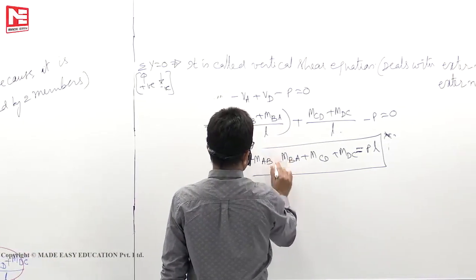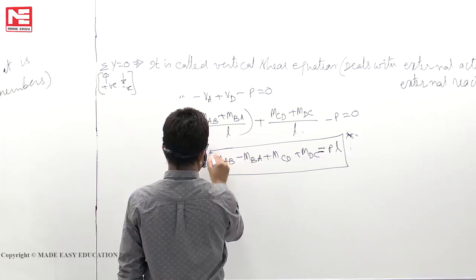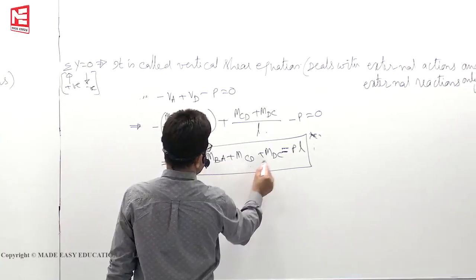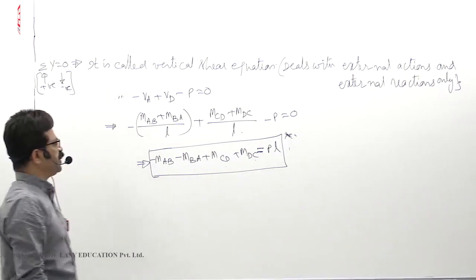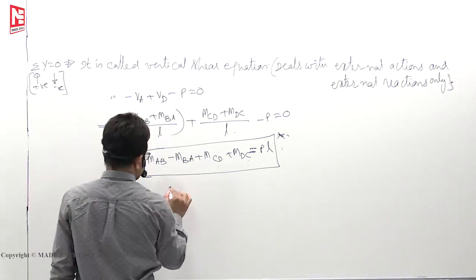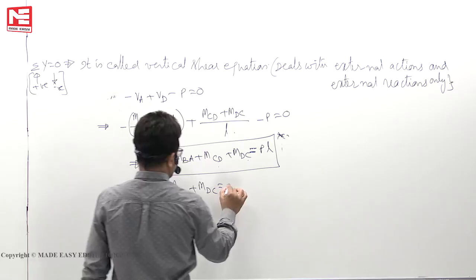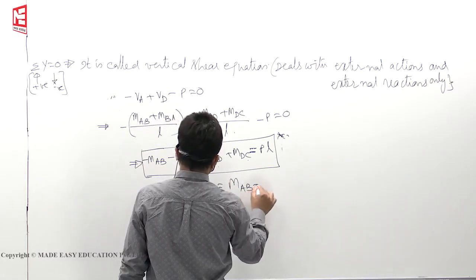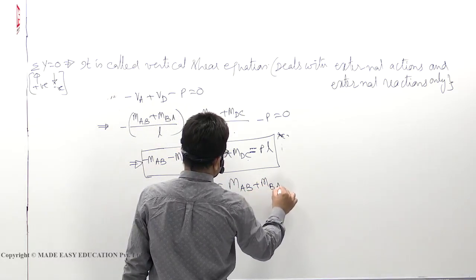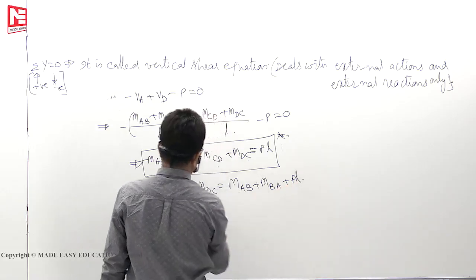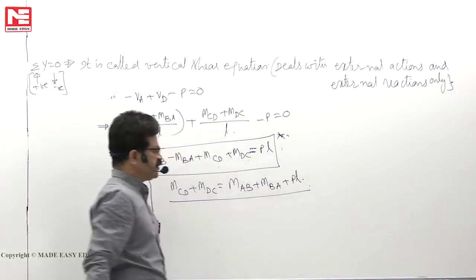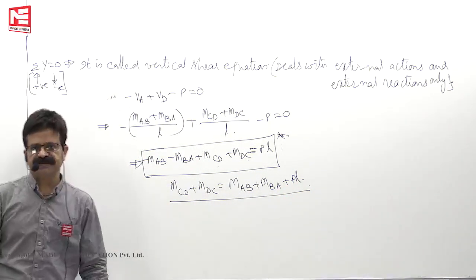Minus MAB minus MBA plus MCD plus MDC is equal to P into L. Or we can write MCD plus MDC is equal to MAB plus MBA plus P into L. Our choice, one of the options will be this one.